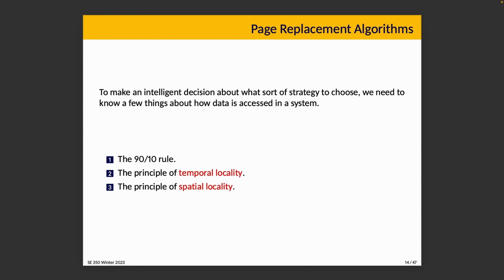Okay. So there are three things that are observed, if you will, empirically in how caches work, at least around memory. Number one is this 90-10 rule, which is about 10% of the source code will be executed 90% of the time. This is a variant on the Pareto principle, which is sometimes referred to as the 80-20 rule, which is 80% of the thing is represented by the key 20%.